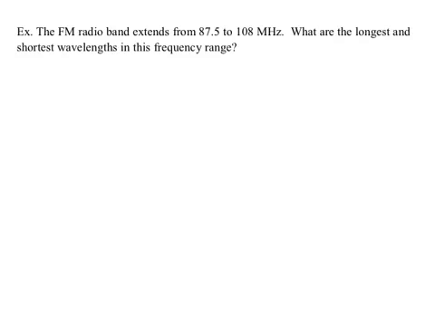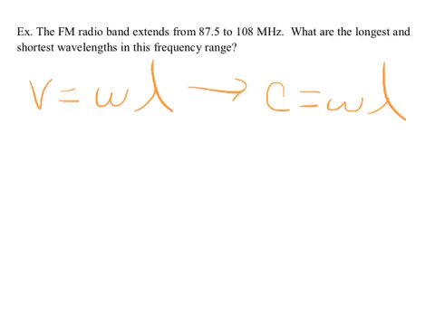For this kind of problem, let's discuss. First, EM waves all travel at the speed of light. So we can start with this formula here. Rewrite it, instead of velocity, write c equals f lambda. You need to write this down. This is not going to be given to you as a formula.